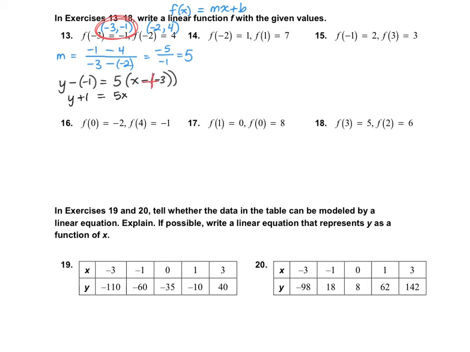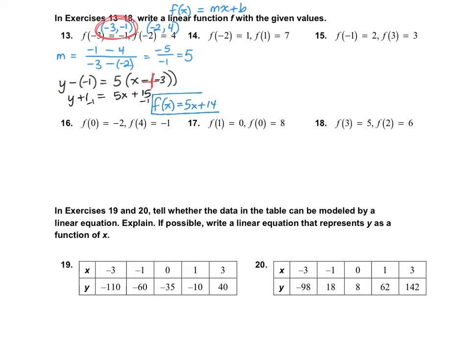So it's going to be 5 times 3, which is 15. Now I'm going to subtract 1 on both sides, and when I do that, I get 5x plus 14. So my answer is actually going to be in the form of a linear function. So f of x is equal to 5x plus 14, and that's going to be my final answer.